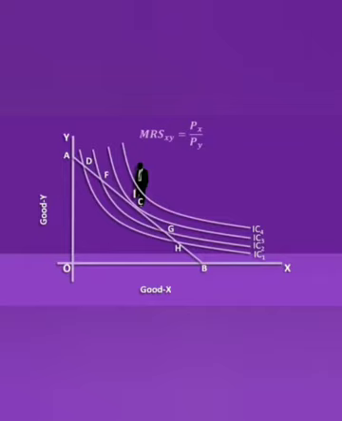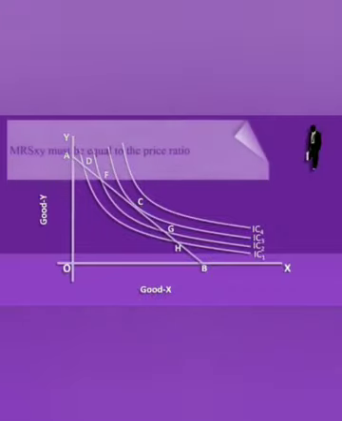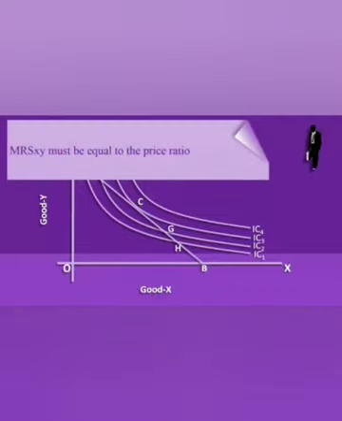Once again, we shall recollect the equilibrium conditions. At the point of equilibrium, the marginal rate of substitution of X for Y must be equal to the price ratio.